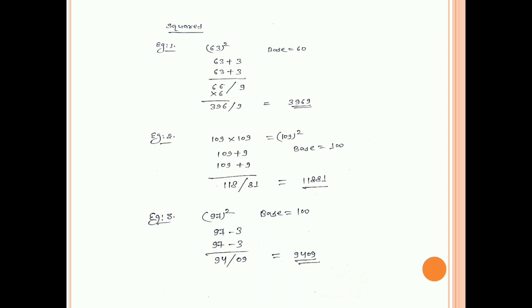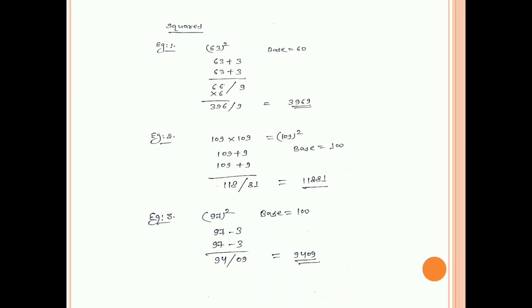So up till now we have seen multiplication of numbers. Now we can extend this technique to calculate squares of numbers. Suppose you want to calculate the square of 63, or we can write it as 63 into 63.